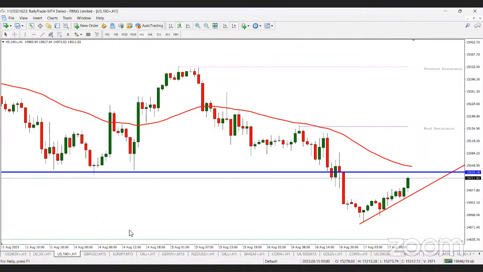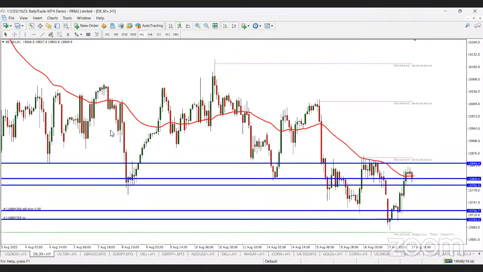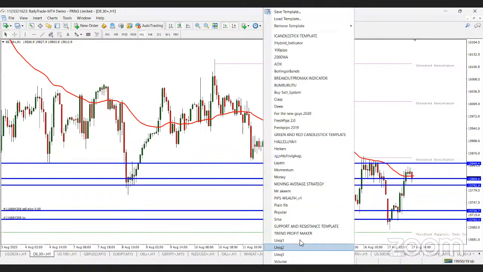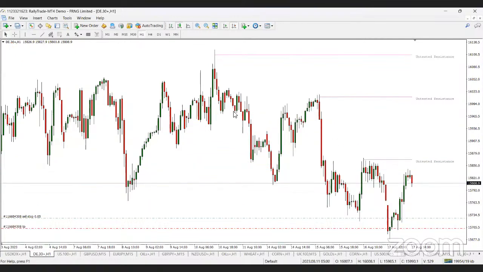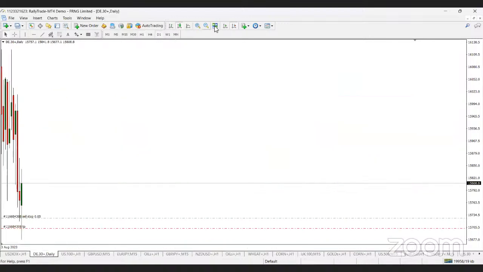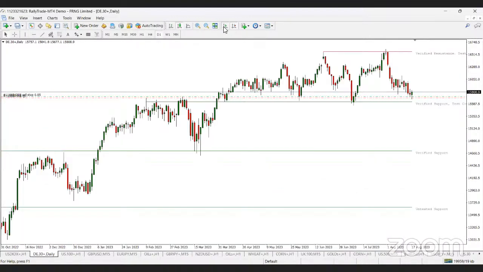Let us look at DE30. DE30 was one of the top gainers, and that's why it has fallen more than others. One of the biggest gainers.